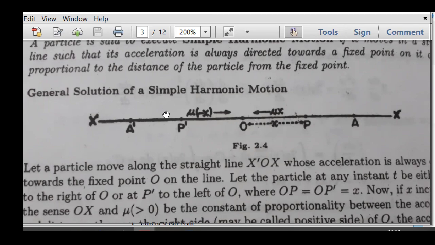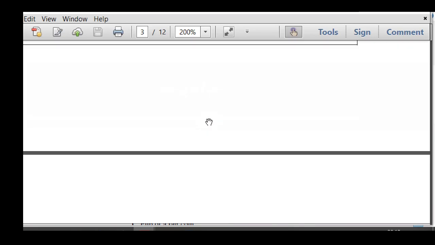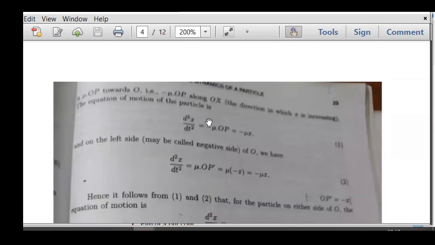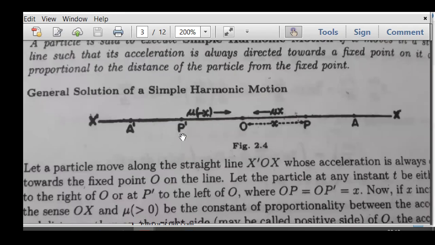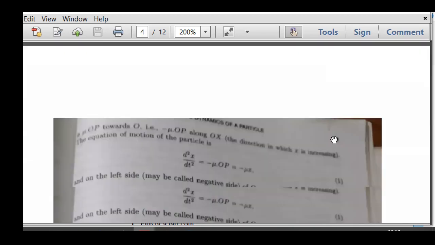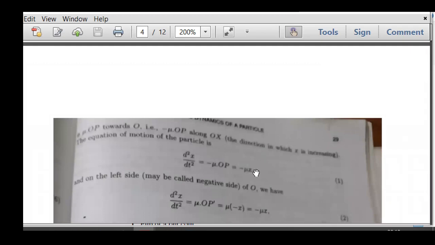So if I consider the motion along OX, on the right hand side, what will be the equation of motion? d2x/dt2 equals minus mu x. Why minus? Because it is directed towards O, but your d2x/dt2 is increasing in this direction. That means what we have already said just now. d2x/dt2 equals minus mu x.